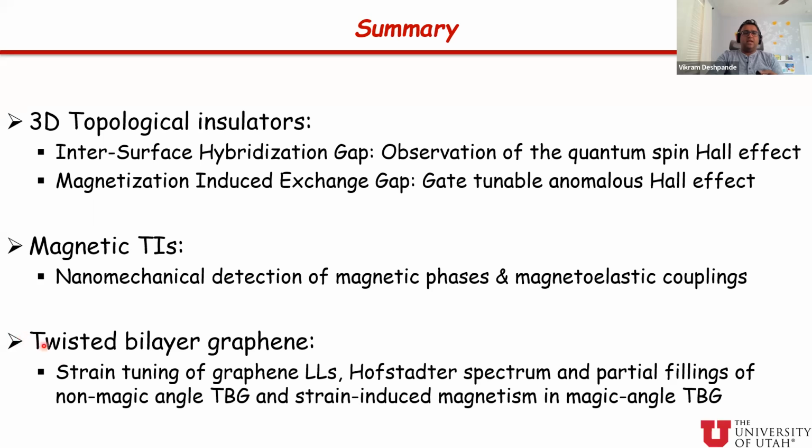And then secondly, I talked about the extension of our intersurface hybridization work. We applied that to the context of graphene, and we showed, for example, strain tuning of graphene Landau levels and the Hofstadter spectrum, the general idea being that there is a strain-induced band flattening appearing in these samples.